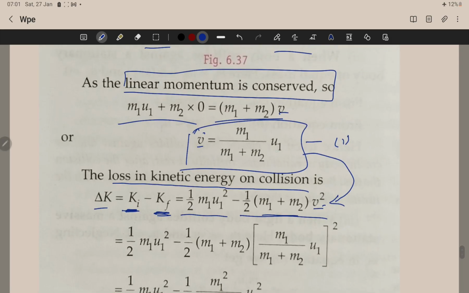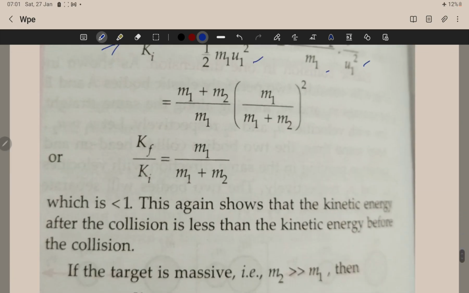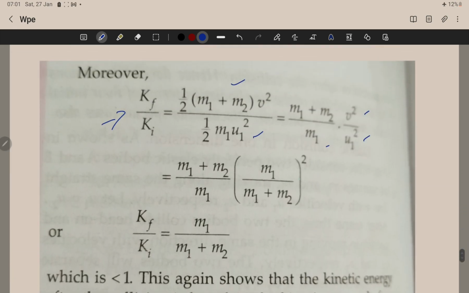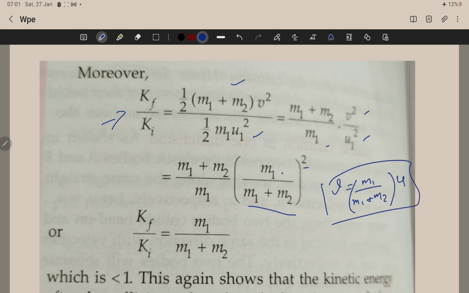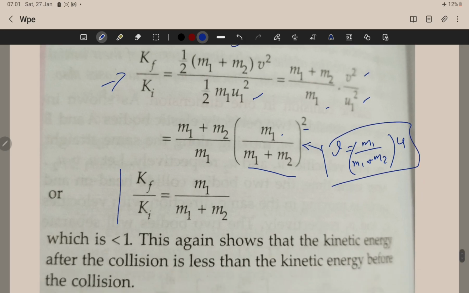So v by u1 becomes m1 by (m1 + m2), because we know v equals m1 by (m1 + m2) into u1 from the above equation. If you put the value here, the ratio of final kinetic energy to initial kinetic energy is m1 by (m1 + m2).